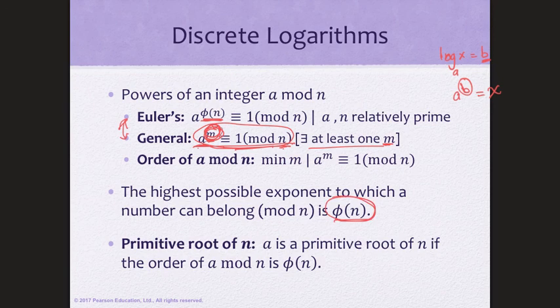The m cannot exceed the value of phi of n. That's also important to keep in mind. There is a proof for this, but we're not doing the proof here.